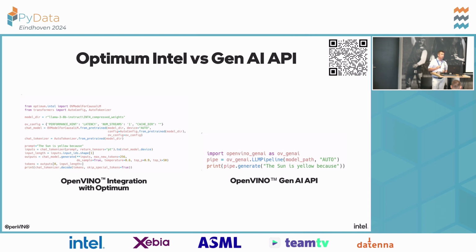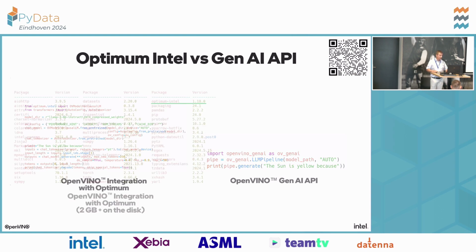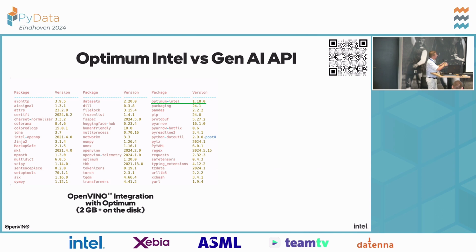But the most important thing is actually under the hood, because we are all developers. I believe we can also spend more time to write a couple of additional lines of code. But what we cannot do, if we take a look under the hood of the Hugging Face pipeline, is that the dependencies are quite huge.